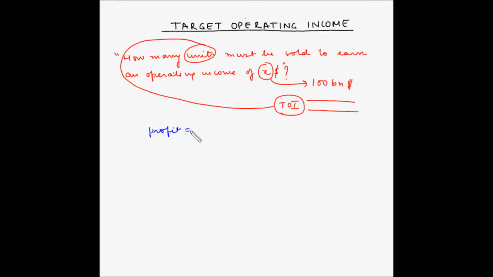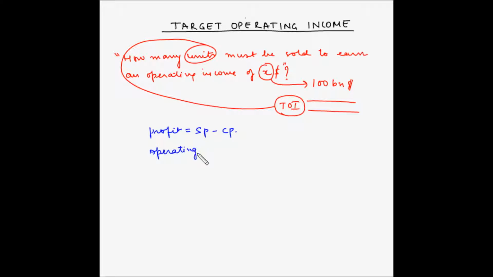Now we know that in simple terms, profit is equal to the selling price minus the cost price. And in other terms, the operating income is equal to the total revenue minus the total cost. Now what is total revenue?